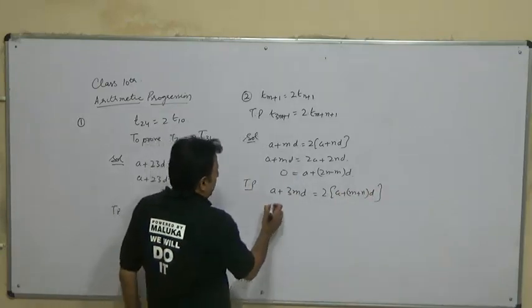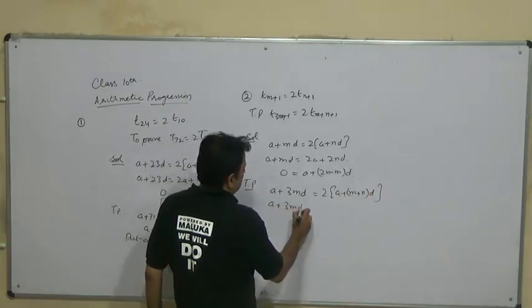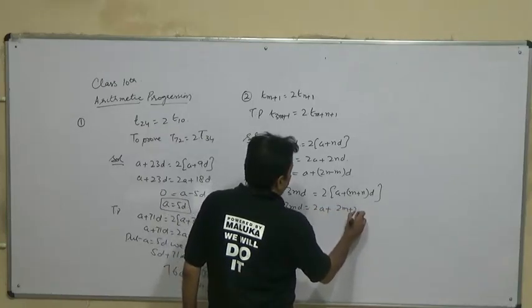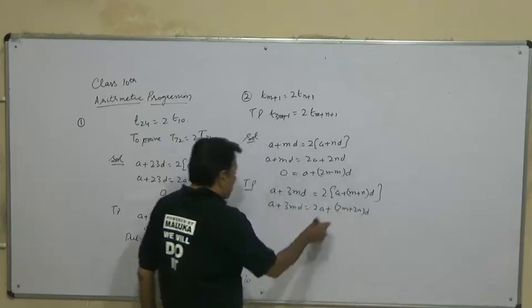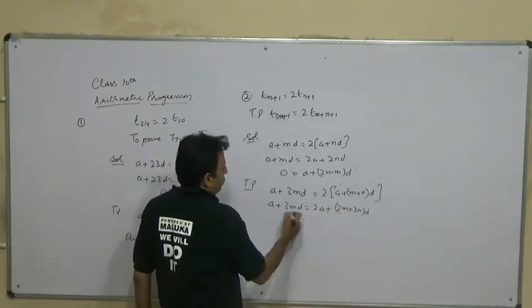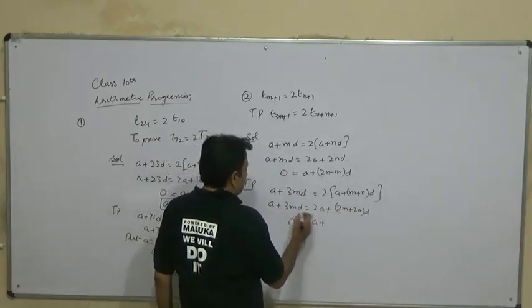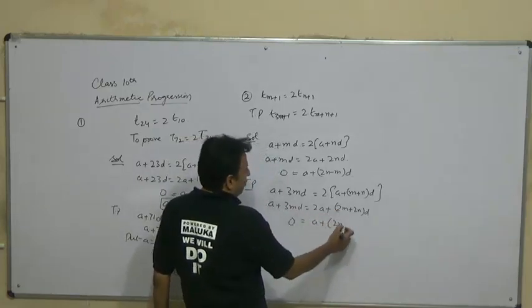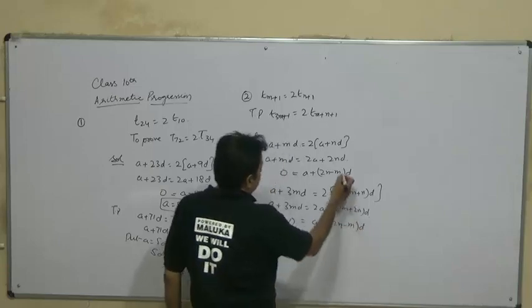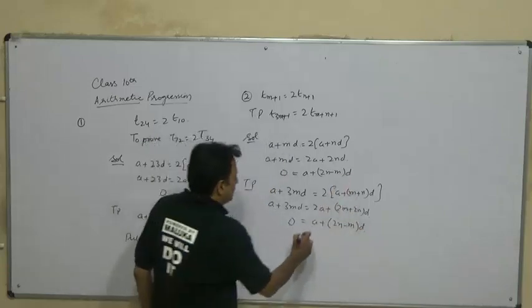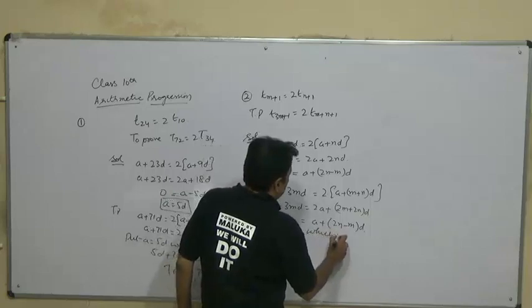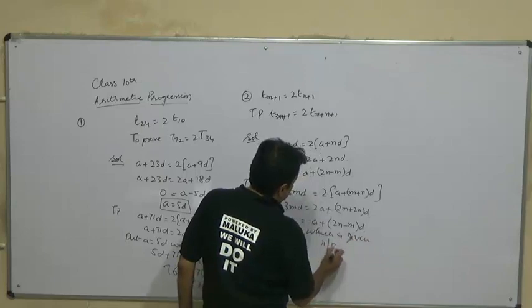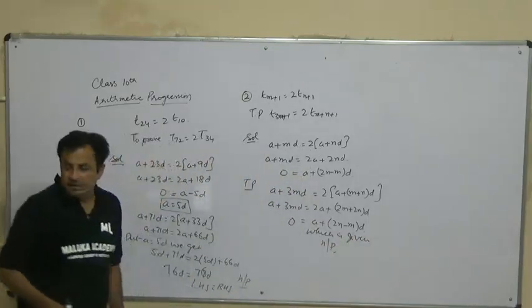So this will be a plus 3md is equal to 2a plus 2m plus 2n into d. Now take this to the other side, this will become 0. A plus 2n will remain as such, 2m minus 3m will be minus m into d. So these two are the same, which is given, so it means hence proved. This is what we want to prove here.